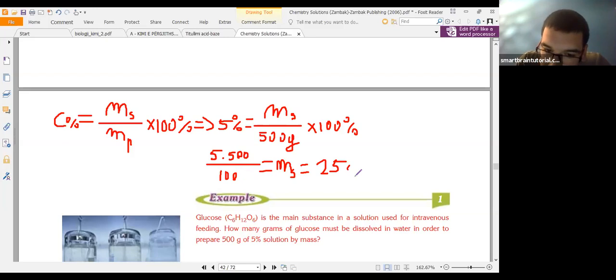So 25 grams of sugar or glucose. Is it clear? Yes.